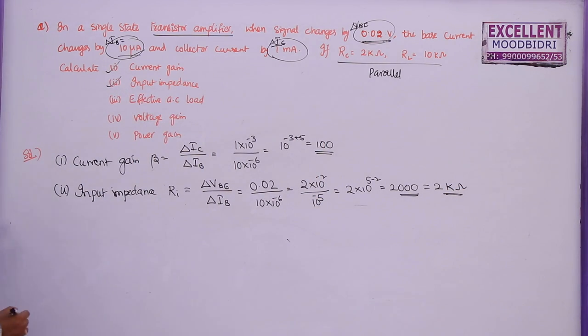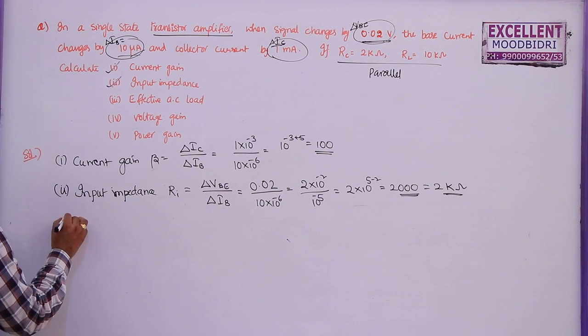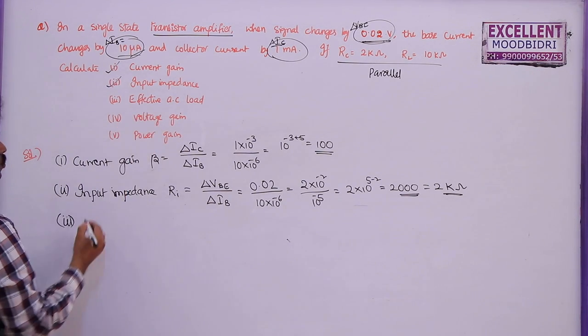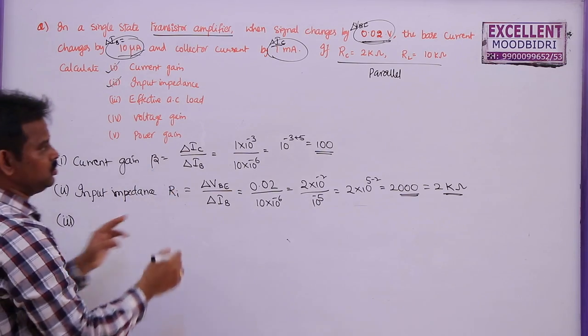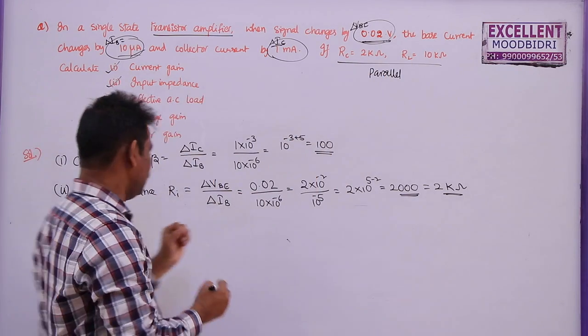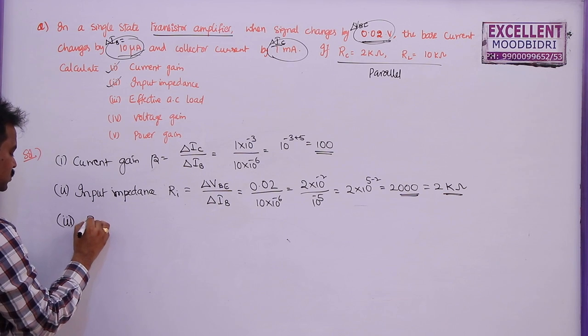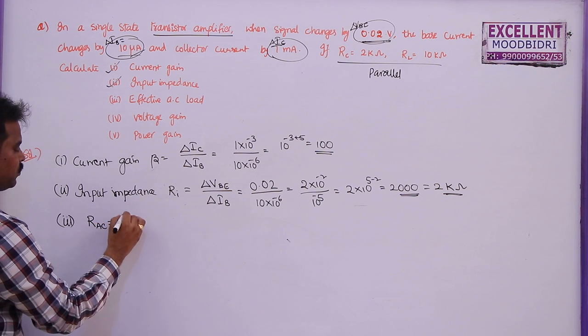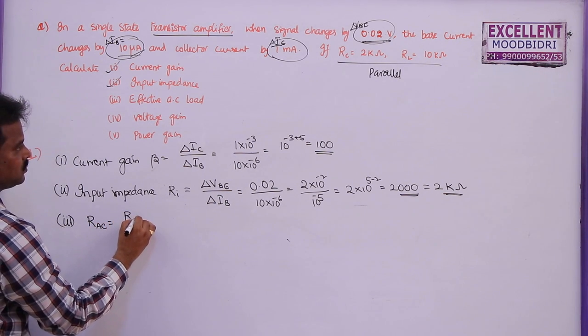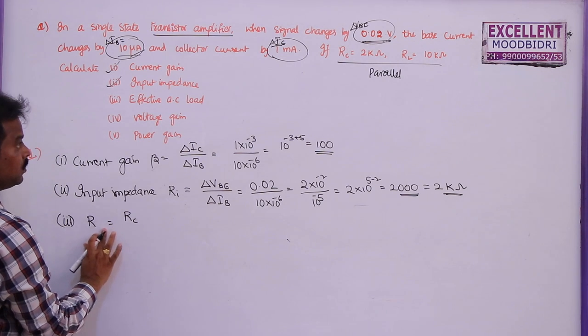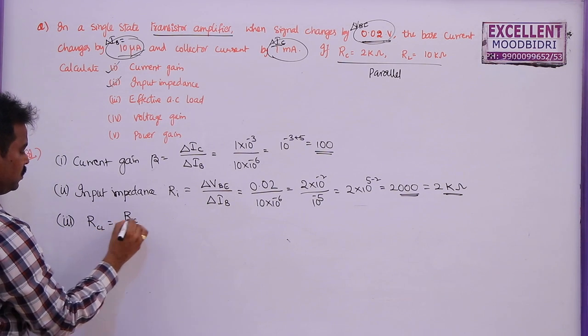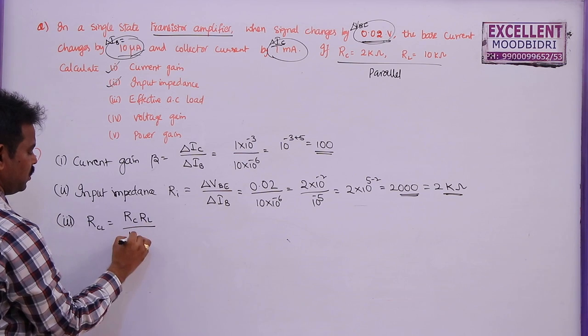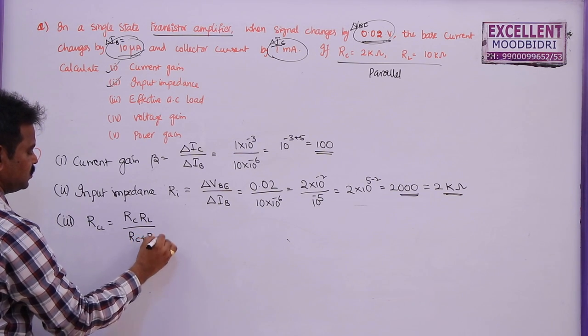Now the third part, effective AC load. As these two are connected in parallel, the effective load resistance RAC is given by the resistance RCL, RC into RL by RC plus RL.